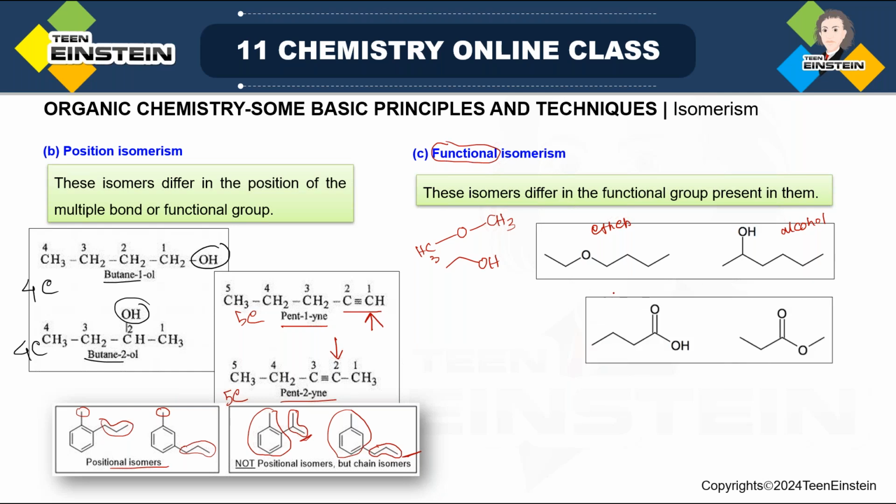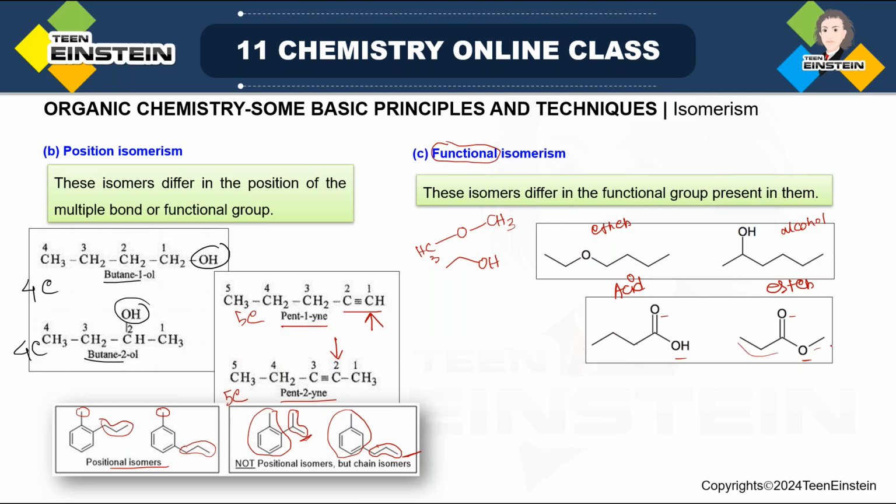Next, here we have acid, carboxylic acid, and ester. Whenever you have the same carbon, acid and ester always have 2 oxygen. The number of carbon is also the same, 1, 2, 3, 4.